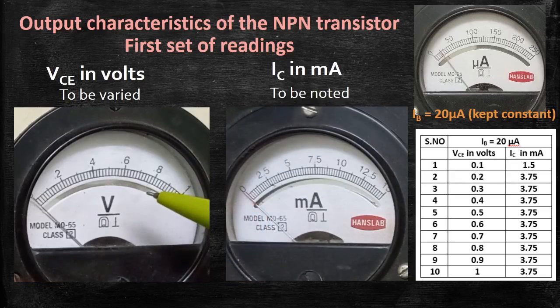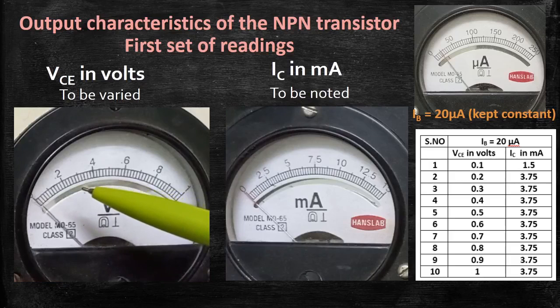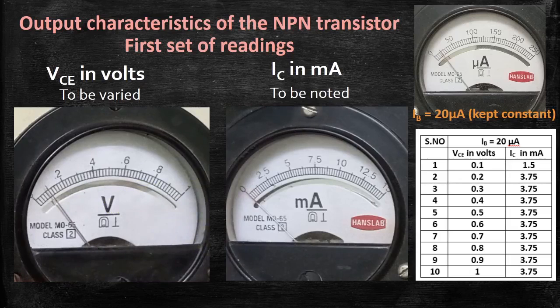Now I am going to vary the value of VCE. Now the VCE value is 0.1 volt. It is slowly increased to 0.1 volt. Very patiently you have to do this. It is kept exactly at 0.1 volt, and in the meantime you have to often check whether the IB value is exactly 20 microampere.